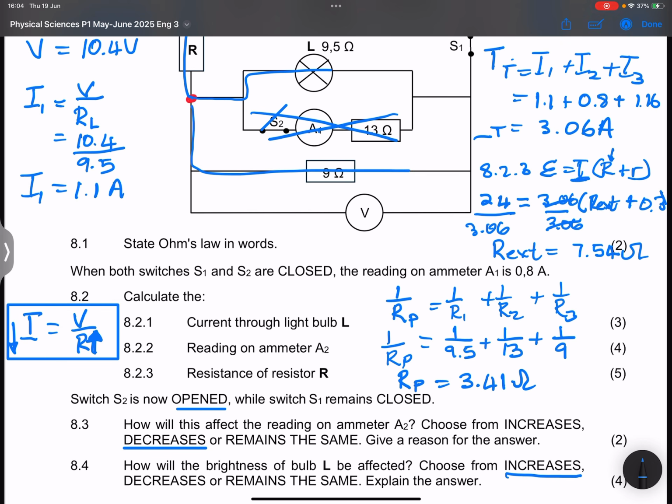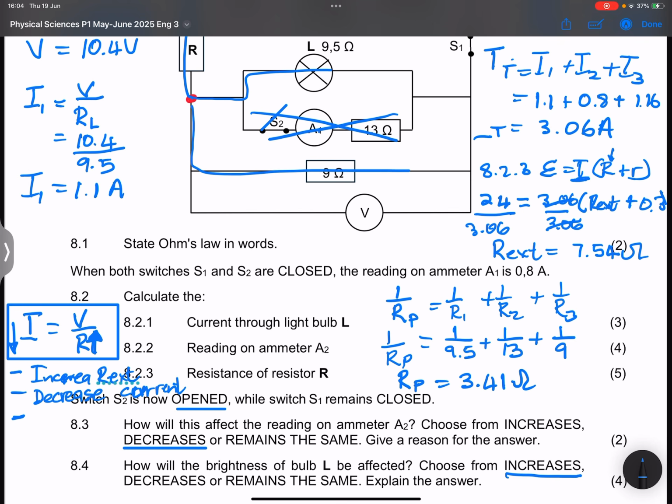So firstly, the removal of that resistor will increase R external, right? That will decrease the total current, all right?